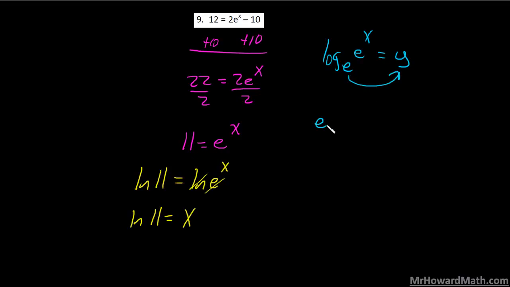So e to the y, the definition of a logarithm is described by this loop rule. So e to the y has to equal e to the x. Well, both of these bases are the same, so that means that y has to be x. So this right here is the same thing as x. So in the end, we're only left with whatever is in that exponent location.